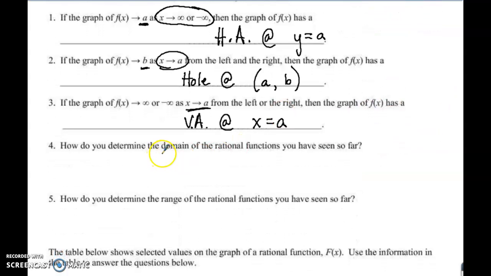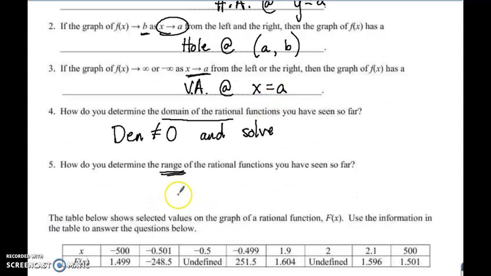So far, what we've been able to do to state the domain of rational functions is setting the denominator not equal to 0 and solving. Now the range, so far we haven't really done, we've looked at the graph is what we've done. So I'm going to write that as well for this one.